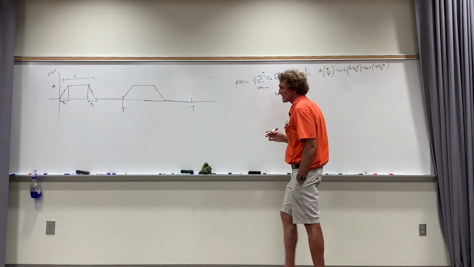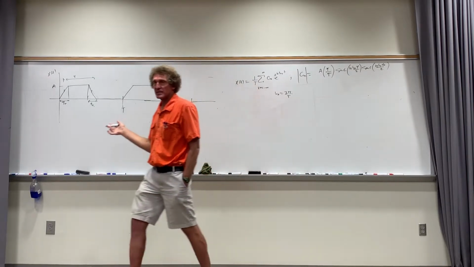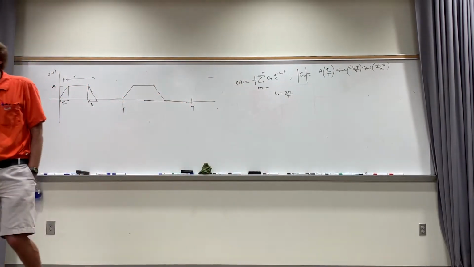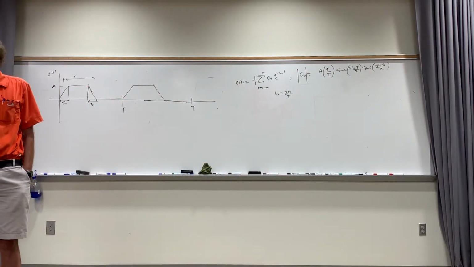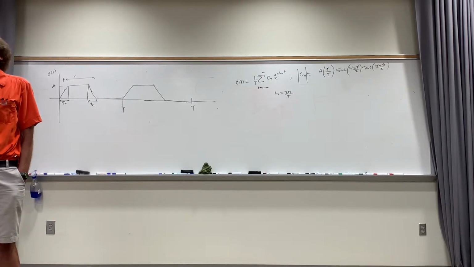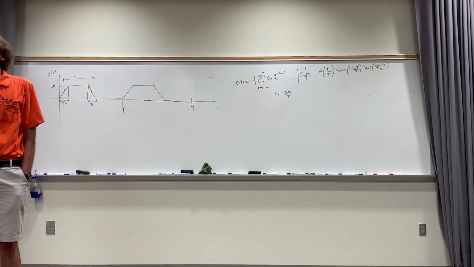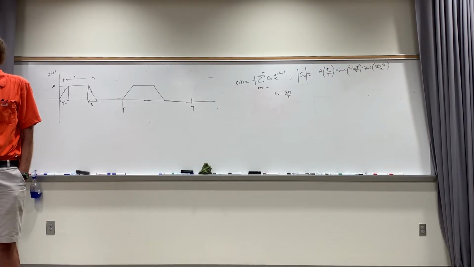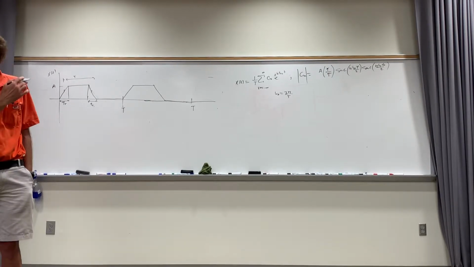And I took the magnitude, that way I got rid of that crazy phase thing, that e to the j of omega naught tau over 2 plus omega naught tau rise over 2. Remember there was that phase term there? So I get rid of that by putting a magnitude.